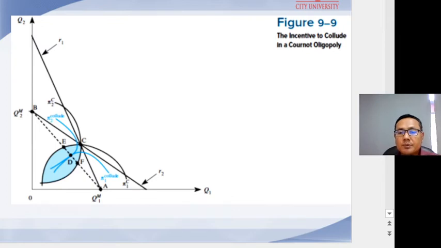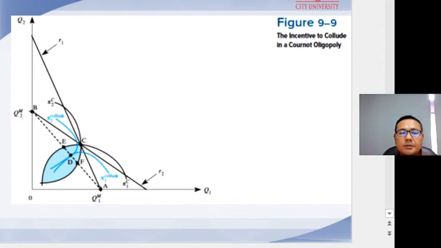Firm 2's profit would be highest at point B where it is a monopolist. If the firms agreed to produce outputs that total the monopoly output, they would end up somewhere on the line connecting points A and B. In other words, any combination of output along line AB would maximize total industry profit.